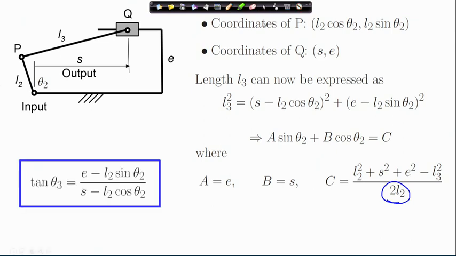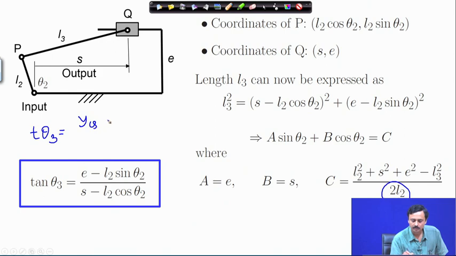Now, once I have theta 2, I can solve for theta 3. The same procedure: tangent of theta 3 is equal to y q minus y p divided by x q minus x p.